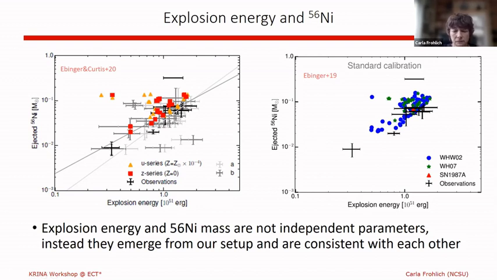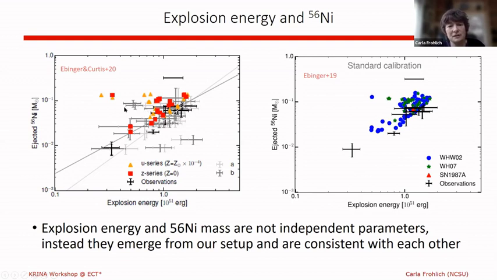The black crosses are the same on the left and the right. The left plot has in gray additional data. But basically, as a bulk, we can compare the messengers, the ejected nickel 56 and the explosion energy, with the observed same quantities. You can see that overall, we reproduce the same trend, even though this needs further investigation, further discussion.